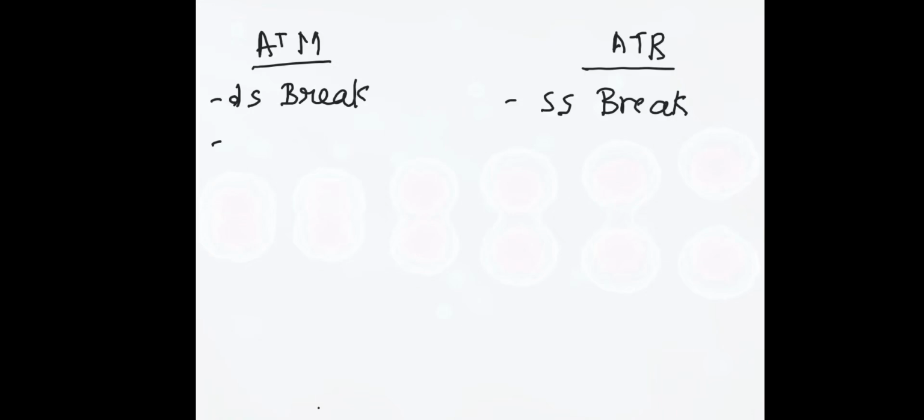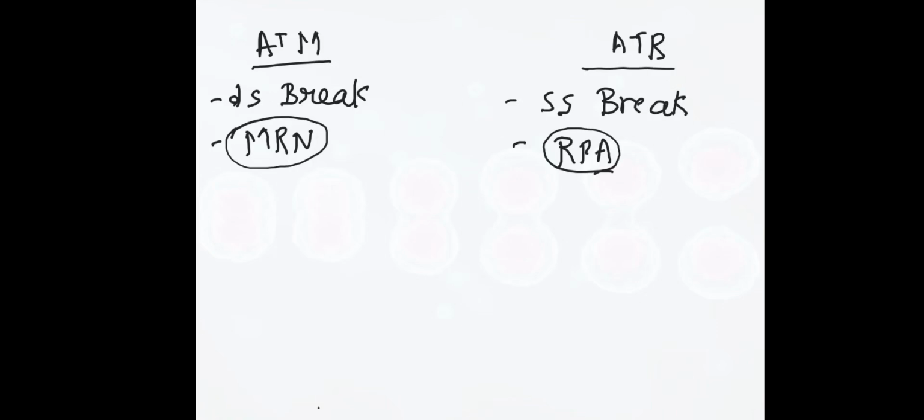The sensor in the ATM pathway is MRN. MRN is a sensor which binds to the DNA damage site, that is, the double-stranded break. In ATR, the sensor is RPA. RPA binds to the damaged portion.